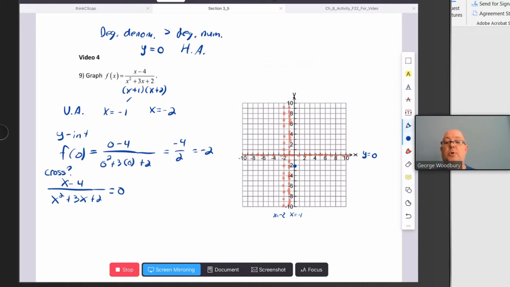And if we multiply both sides by x squared plus 3x plus 2, we get this equation, x minus 4 equals 0. Right. The only way that fraction could equal 0 is if the numerator equals 0. So x minus 4 equals 0 gives us x equals 4. It's going to cross just that one time.